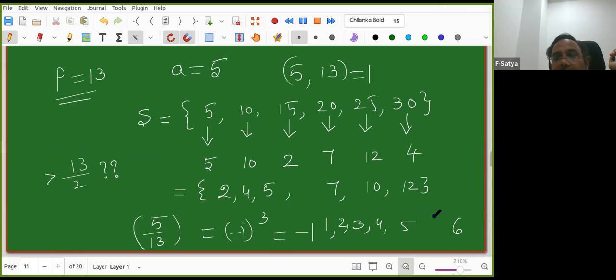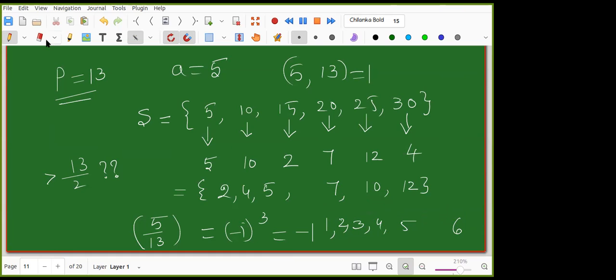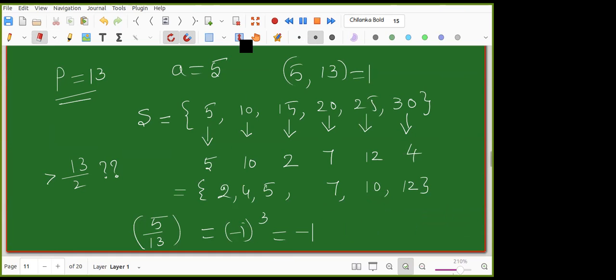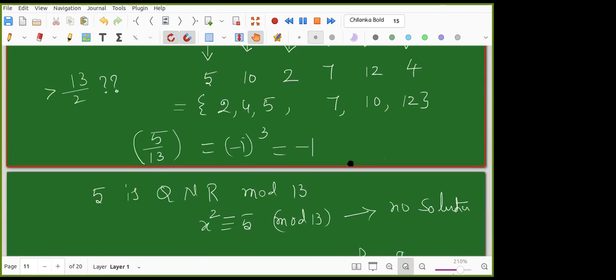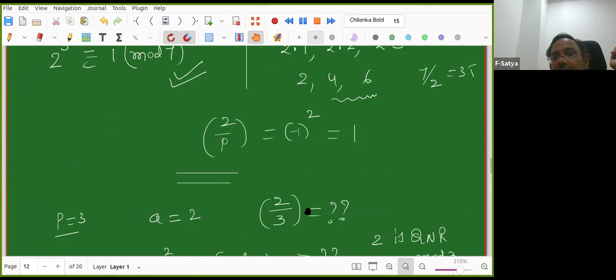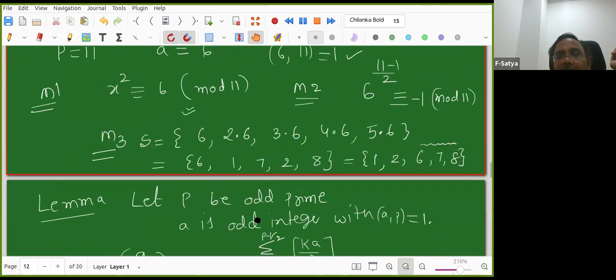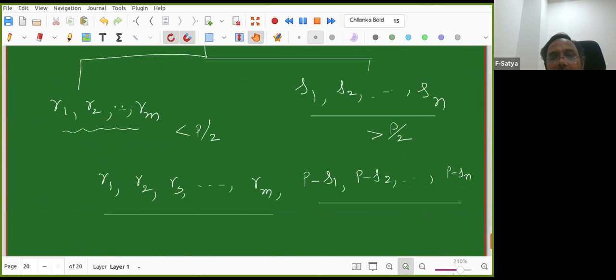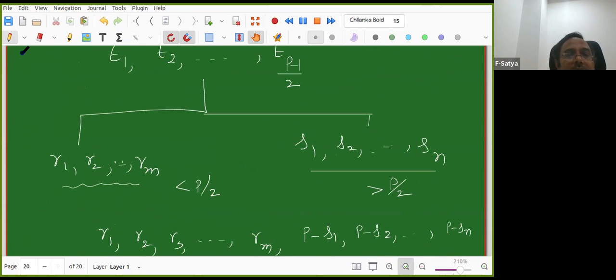Total, how many numbers are there? 6. Now, are you able to see? Can you say something now? (P minus 1) by 2. So in total, what is m plus n actually? See here, what is m plus n?